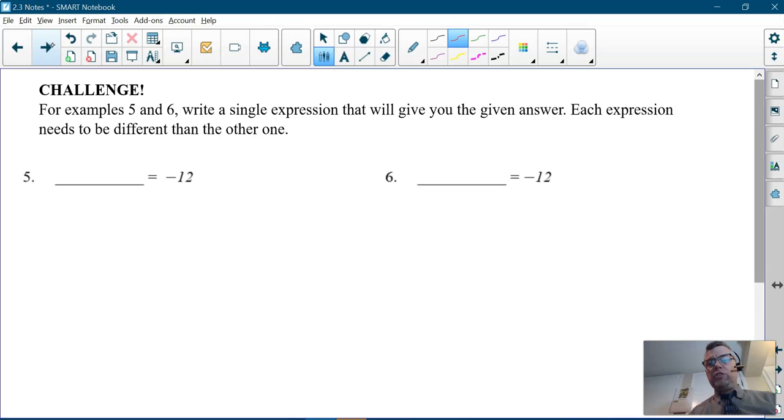I guess the directions don't say they need to be absolute value, so that would make one really easy. Let's see if you can write at least one using absolute value. Try to do them both with absolute value if you can.